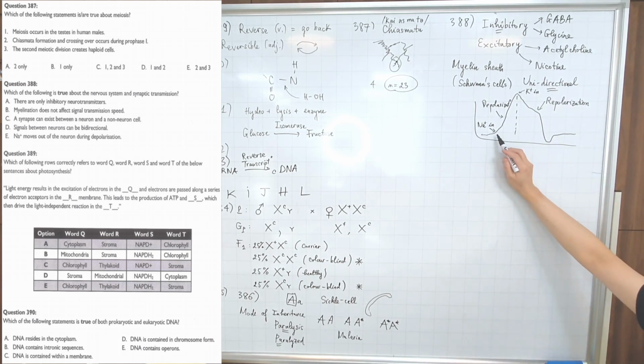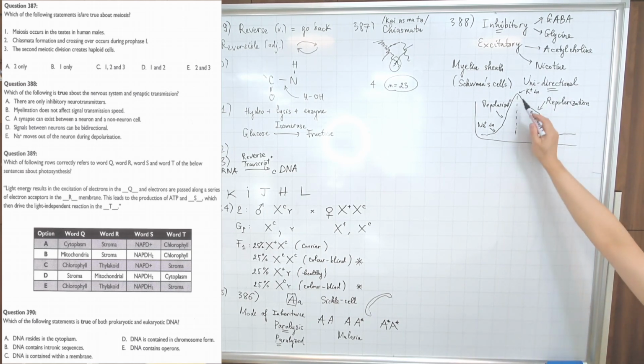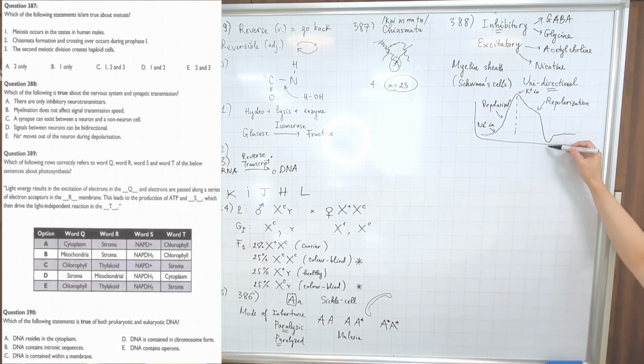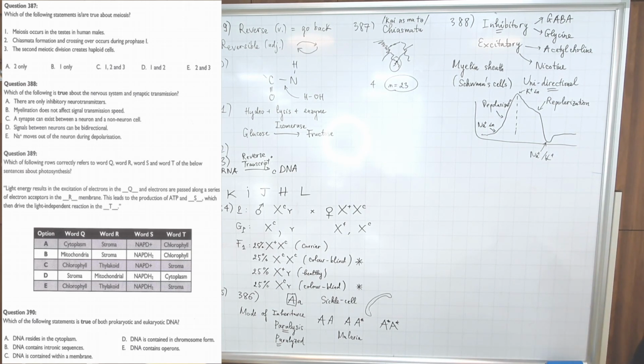Here the sodium channel opens, sodium goes in. Here the sodium channel closes and the potassium channel opens. Remember that one, right? And here, what happened? Sodium potassium channels open to return the ions to the original state.